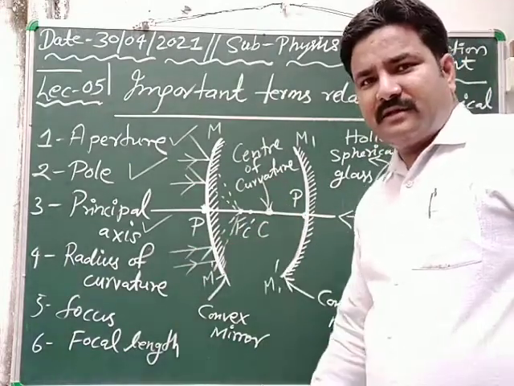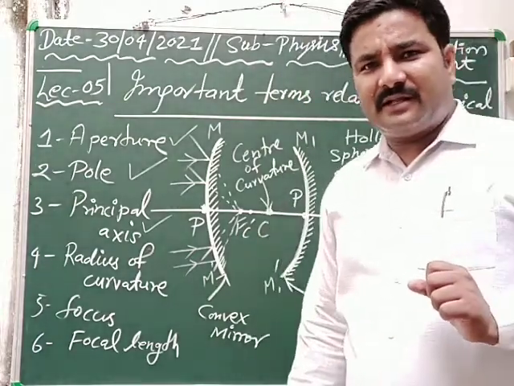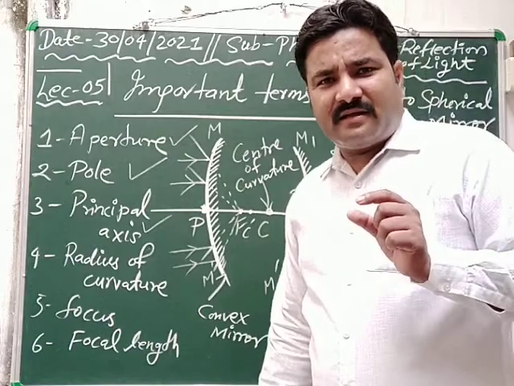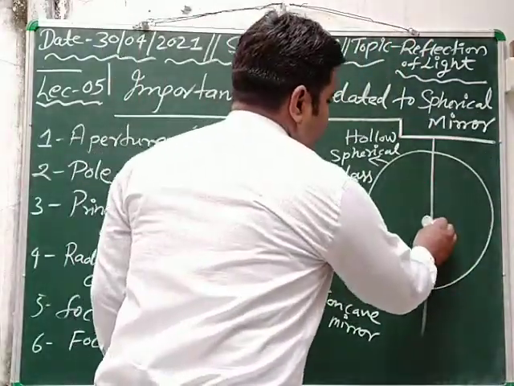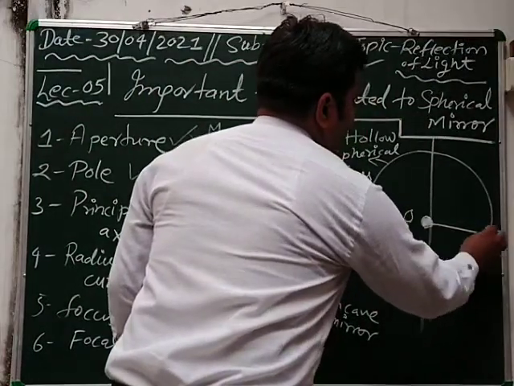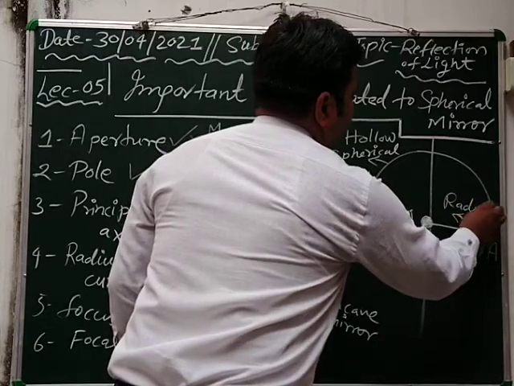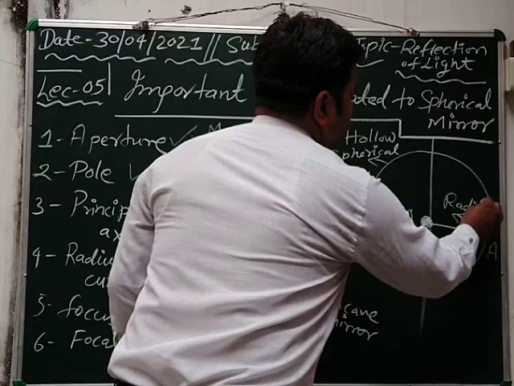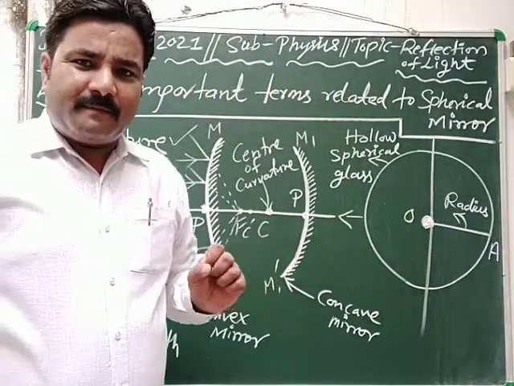And then just after center of curvature, the next one is the radius of curvature. Just like the center of curvature, the definition of radius of curvature is the radius of that hollow sphere. That hollow sphere, just like this one. This is O and this is A. This is the radius.